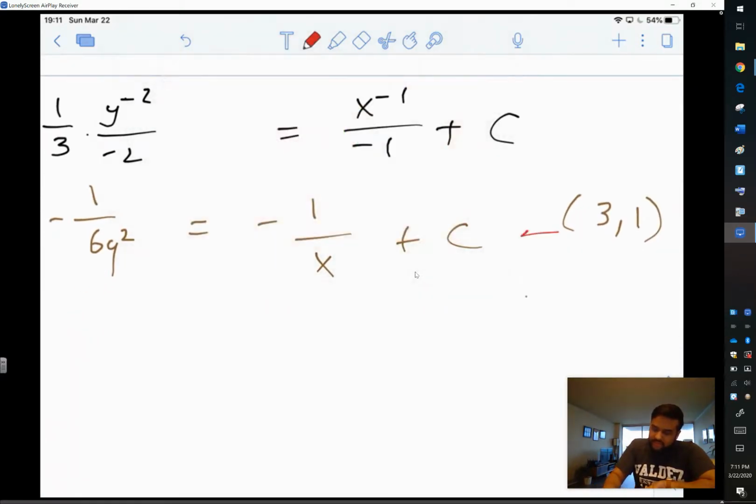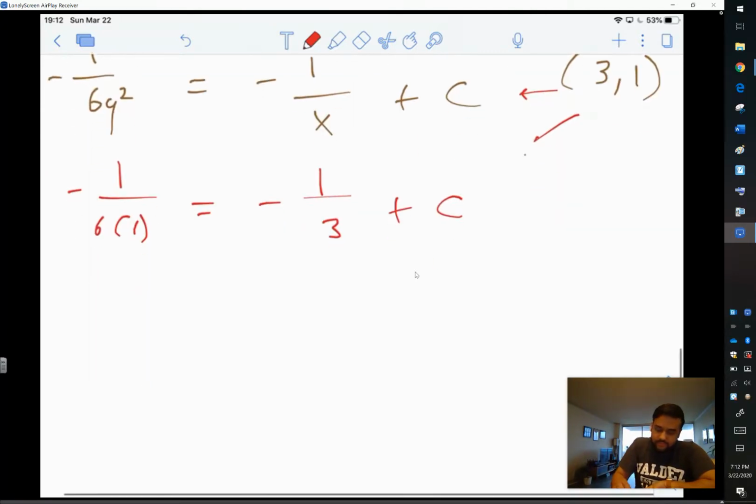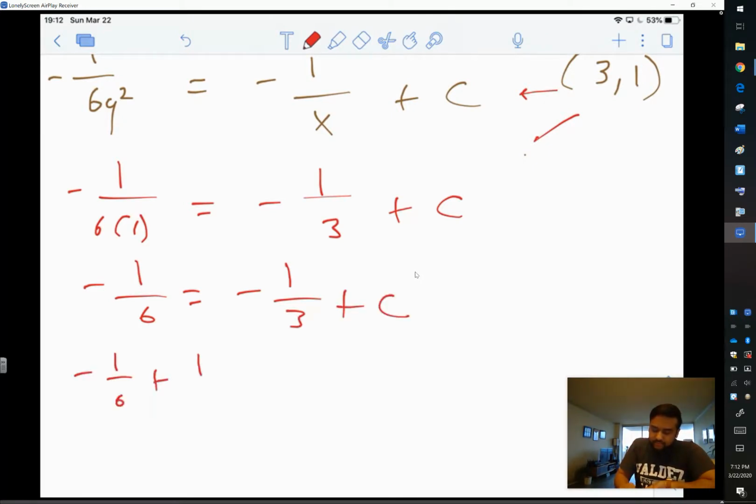So plugging this in gives us negative 1 over 6 y squared, or 1 squared is just 1, equals negative 1 over x, which is 3, plus c. So simplifying, negative 1/6 equals negative 1/3 plus c. Add 1/3 to both sides.